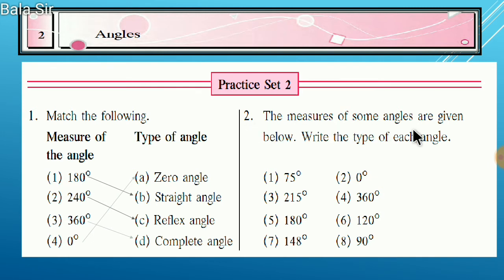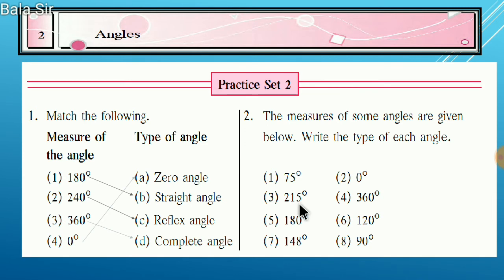The measures of some angles are given below. Write the type of each angle. First one, 75 degrees. This 75 degrees is less than 90 degrees, so it is an acute angle. 0 degrees is a zero angle. Third one, 215 degrees.